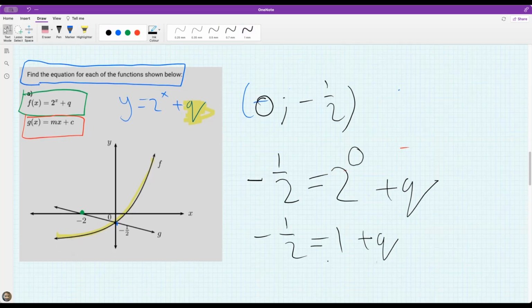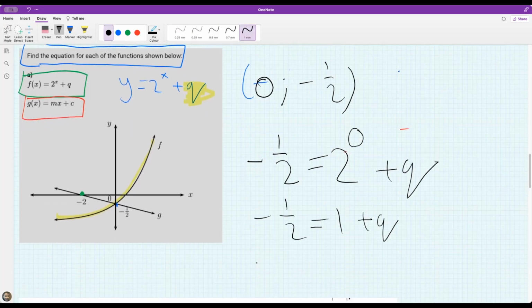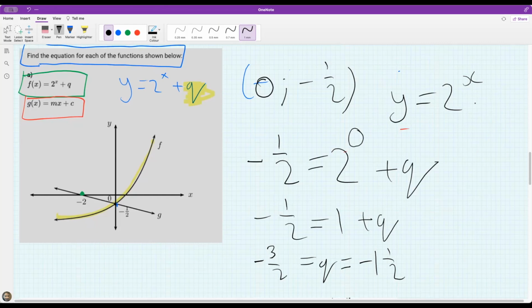I'm going to take away 1 from both sides, and I should get minus 3 over 2 equals q, or another way of saying it is minus 1.5. And so the equation is going to be 2 to the power of x minus 1.5, or minus 3 over 2.